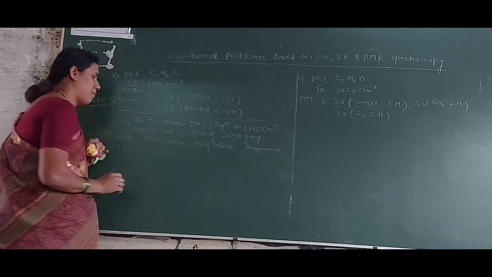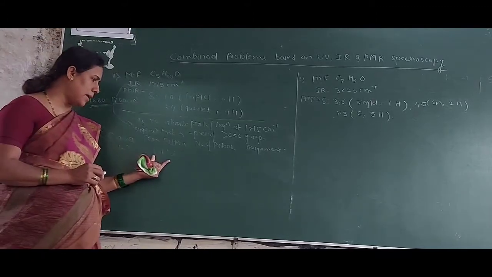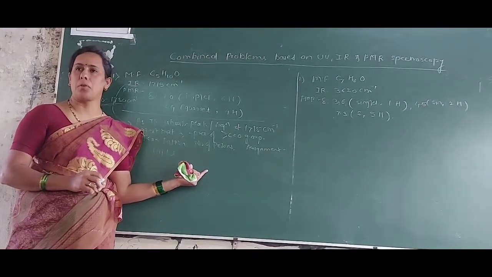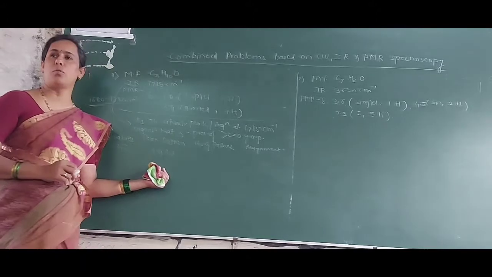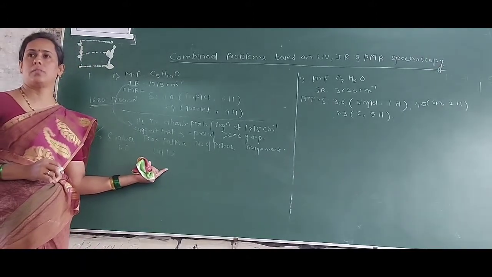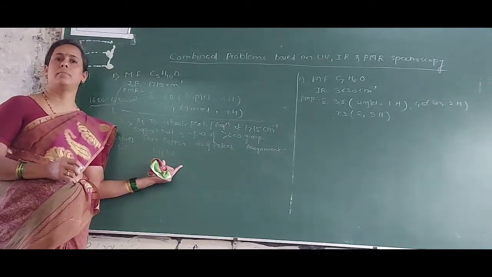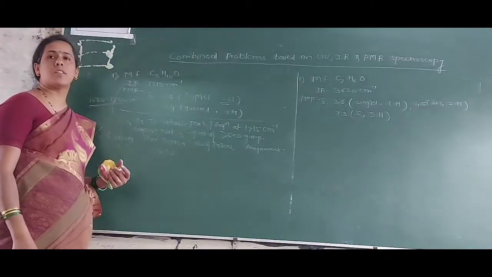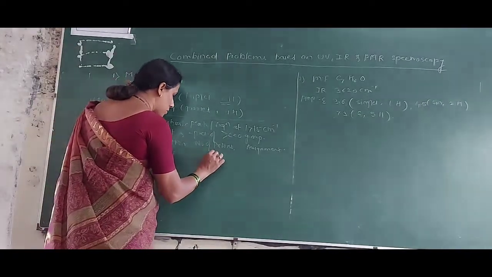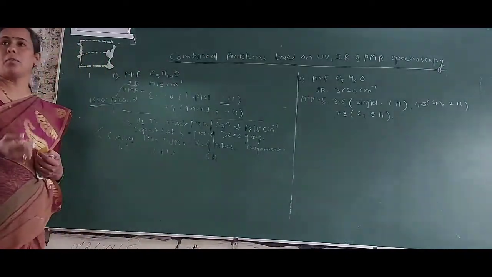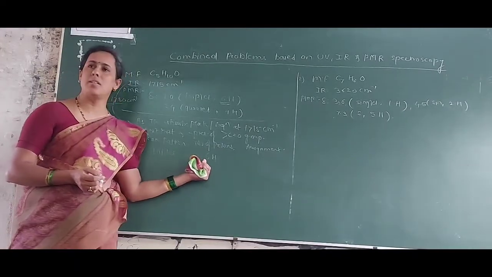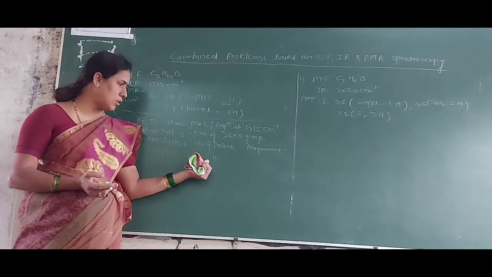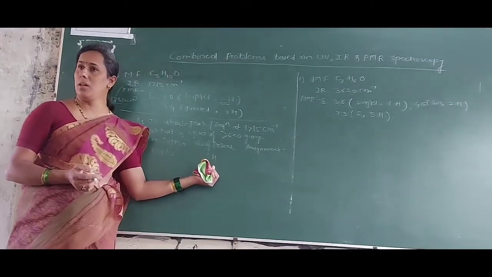Since we are given a triplet, the number of protons on the adjacent carbon atom is 2. The number of protons is 6H, and according to the last lecture, 6 is a multiple of 3, so there are 2 methyl groups.